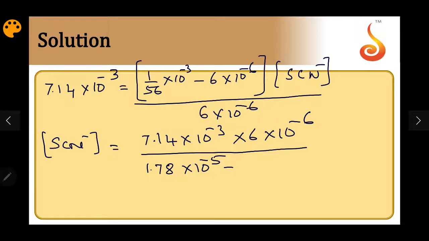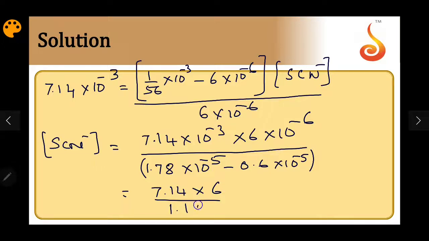If I convert this as 10 power minus 5, 6 becomes 0.6 into 10 power minus 5. So if I take out 10 power minus 5 and simplify, it becomes 7.14 into 6 divided by 1.78 minus 0.6, which is 1.18 multiplied by 10 power minus 4.